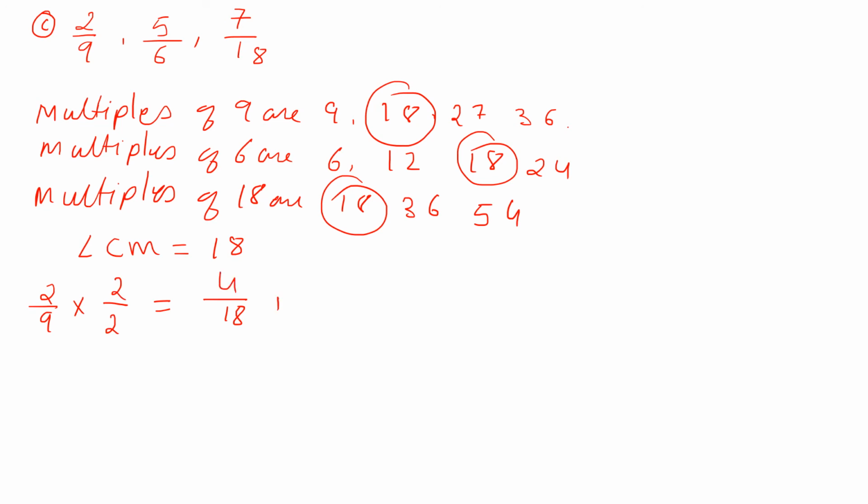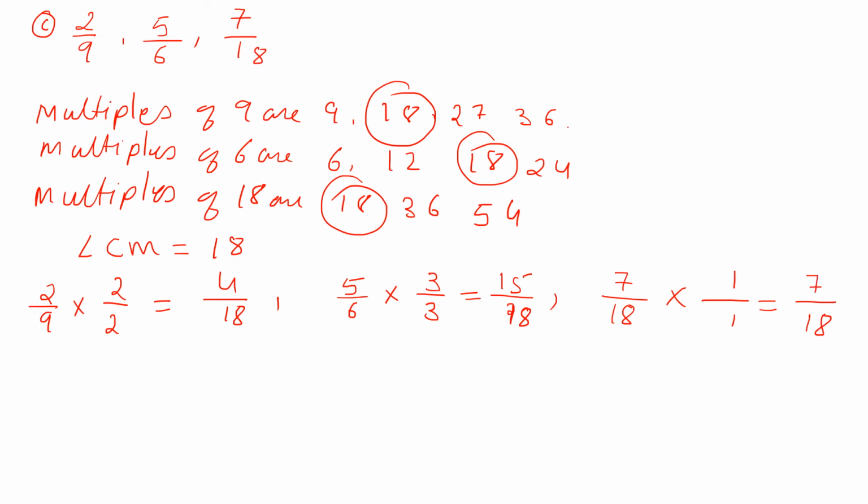Here also, 5 by 6 multiplied by dash is equal to dash by 18. So 6 3s are 18, here also 3, so 15. Then 7 by 18 multiplied by dash is equal to dash by 18. 18 1 is 18.